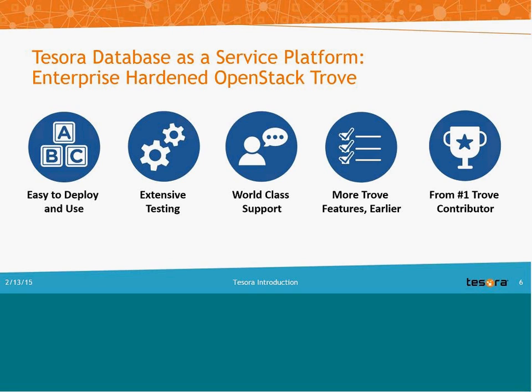We take Kilo features and we backport it all the way back to ISO. So you get all the latest databases, all the latest database HA features, functionality. You get it all in the prior version. So that is something that uniquely distinguishes the Tesora offering from other offerings.